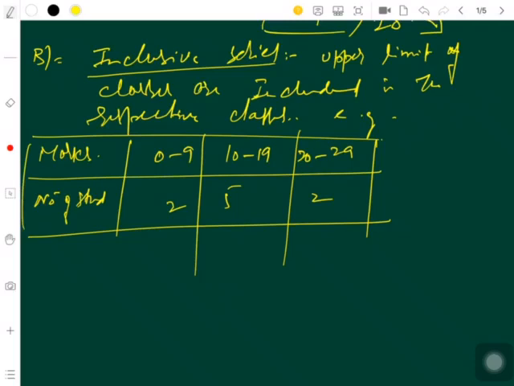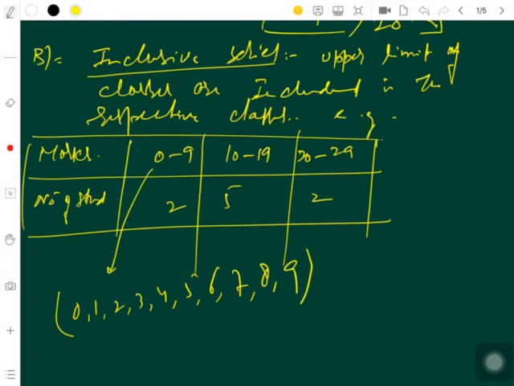What I am doing is the upper limit of the class is included in the same class, in the respective class. If I have to take something from this class, I'll take 0, 1, 2, 3, 4, 5, 6, 7, 8 and 9 also. While in the exclusive series, we do not take 9. 9 will be taken in the next class. But here we take upper as well as lower.